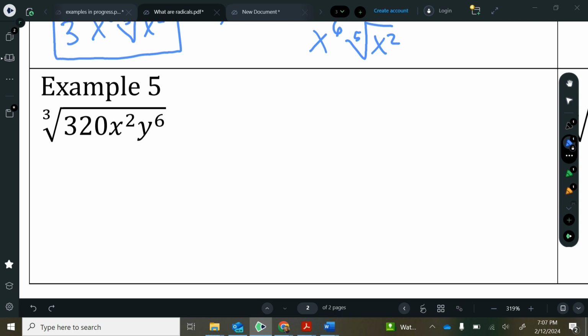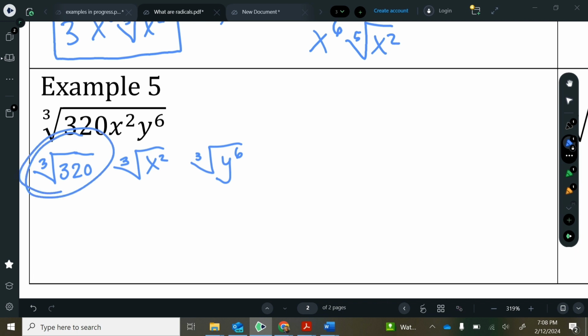We're going to split it up. So let's do this. Cube root of 320, and then we'll do that times cube root of x squared times cube root of y to the power 6. Let's treat each one of these on their own.